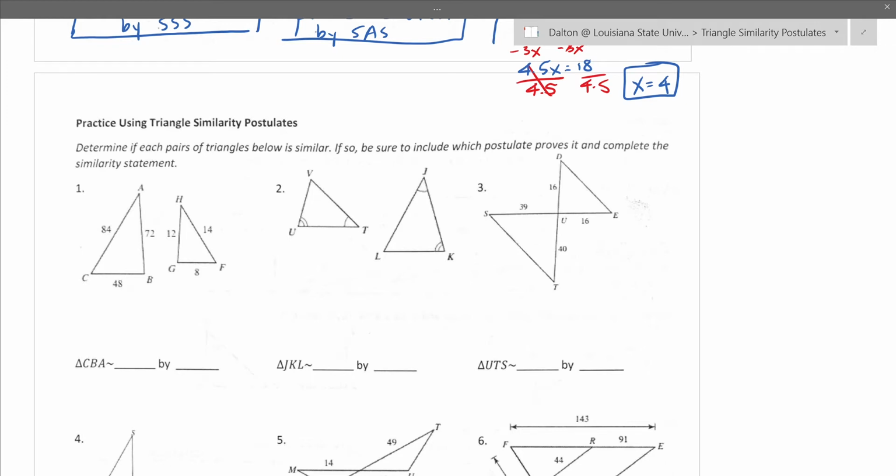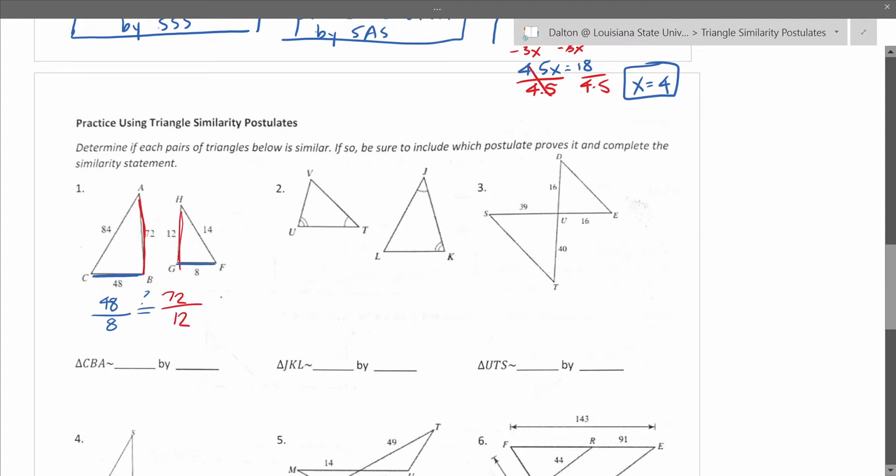There are multiple ways to do that, but I'm going to say 48 of this triangle is corresponding to 8 of this triangle. And I want to know, does that equal 72, which corresponds to 12?